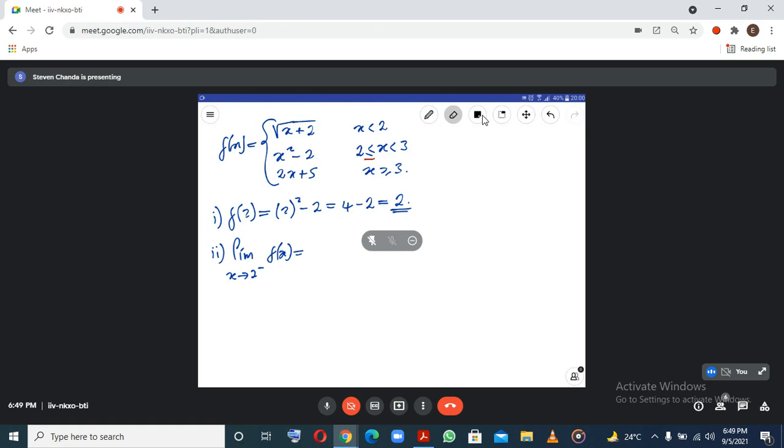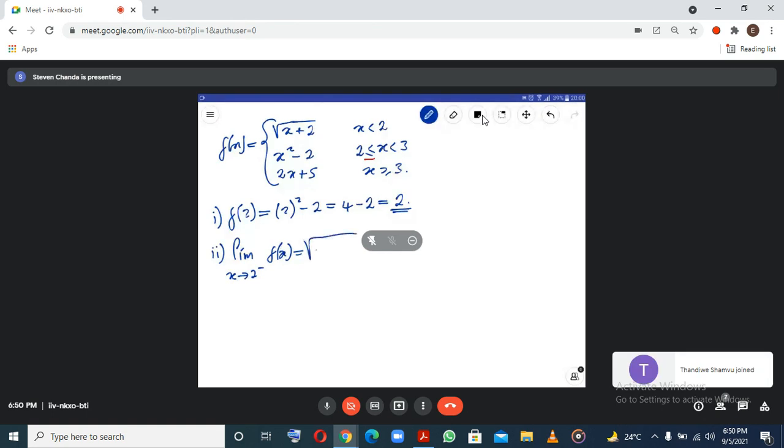What that entails is that you are coming from less than 2, so you're going to use the first equation, because it's the one that talks about less than 2. You're coming from where x is less than 2 and trying to approach 2, isn't it? So we use the first equation.